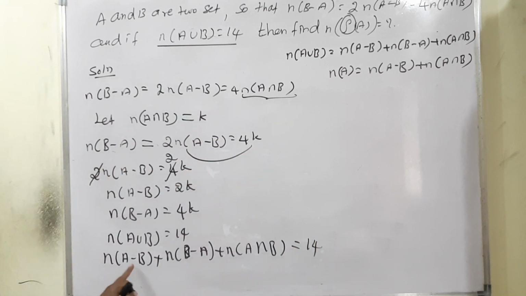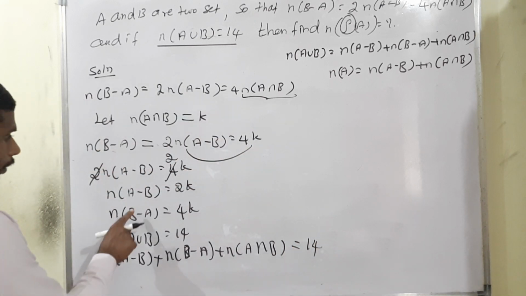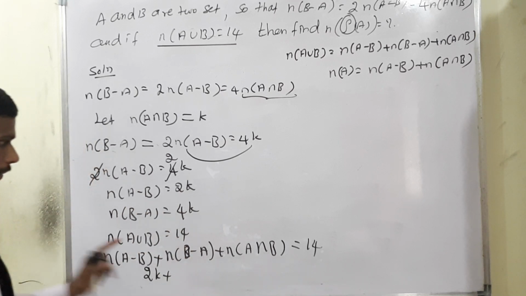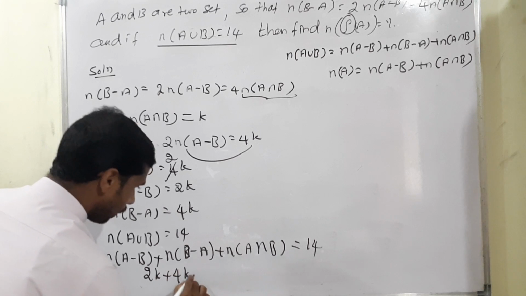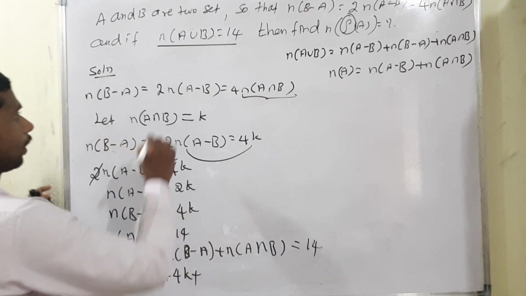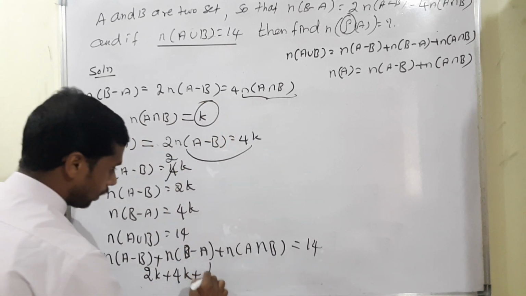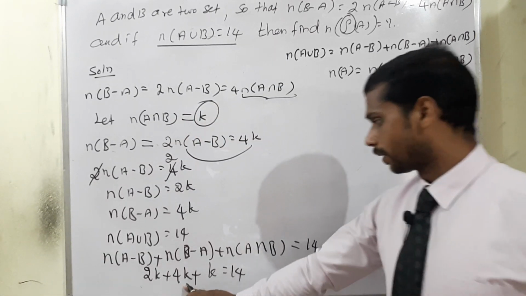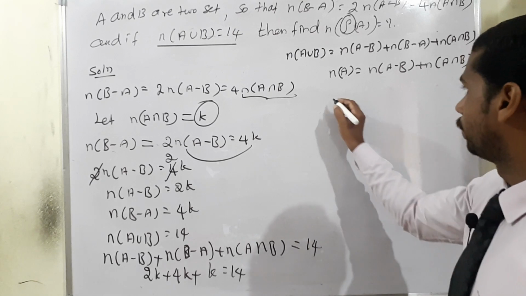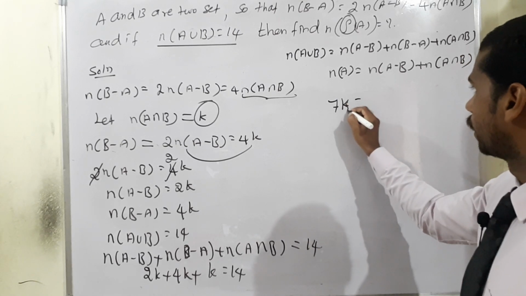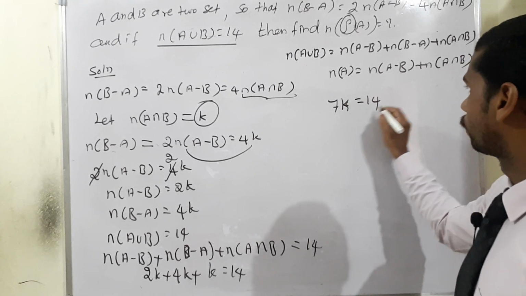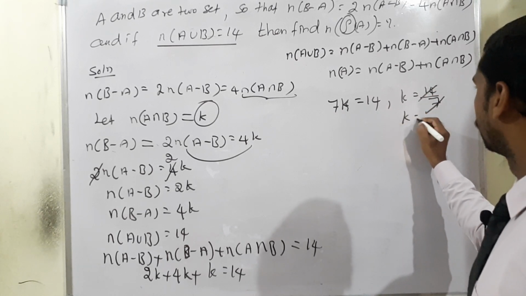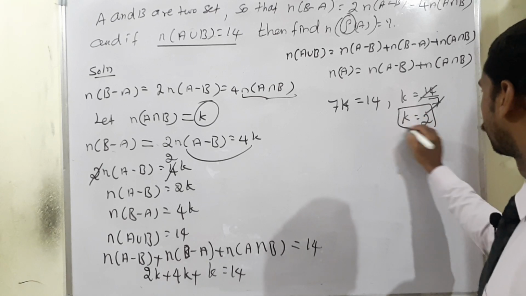Therefore, number of A minus B, which we already found, is 2K, plus number of B minus A, 4K, then plus number of A intersection B, which we took as K, is equal to 14. 2K plus 4K is 6K, 6K plus K means 7K is equal to 14. Therefore, K is equal to 14 by 7. Now we can say K is equal to 2.